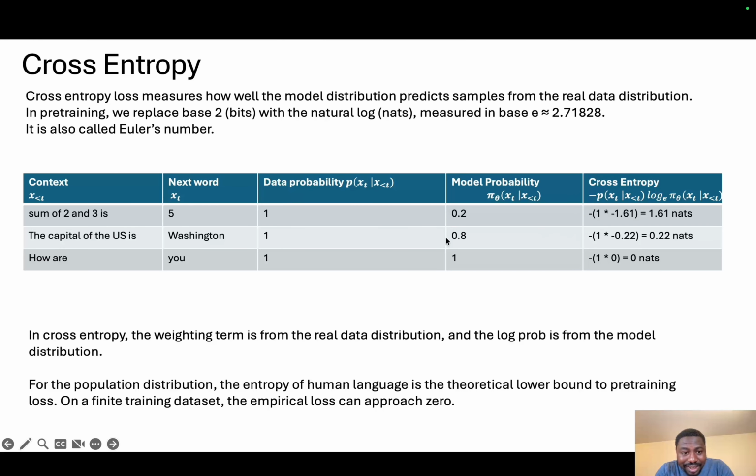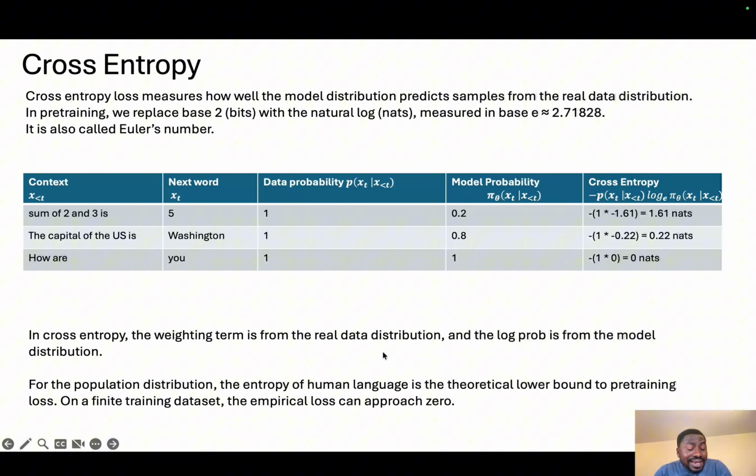In this other case, our model assigned a high probability to the actual next token, so the cross entropy is 0.22, which is low and trending good. And if the model predicts exactly the same thing as in the data, we get 0 nats. The uncertainty is absolutely 0, the cross entropy is 0. We know that relative to the data distribution, the model is doing perfectly fine.